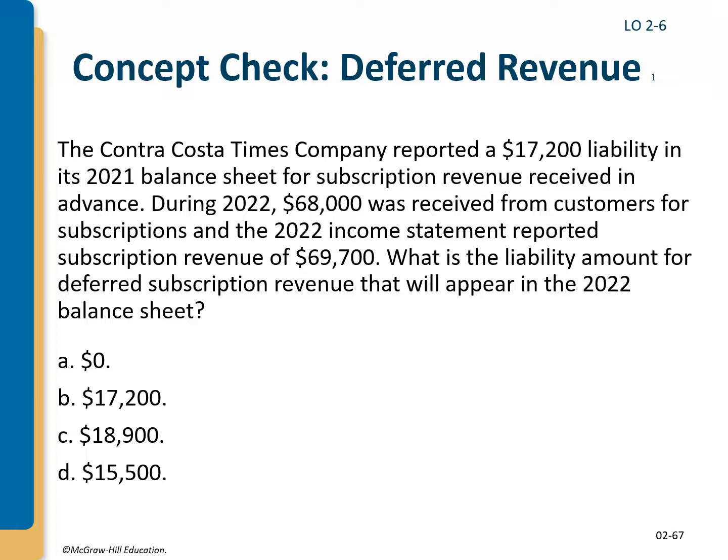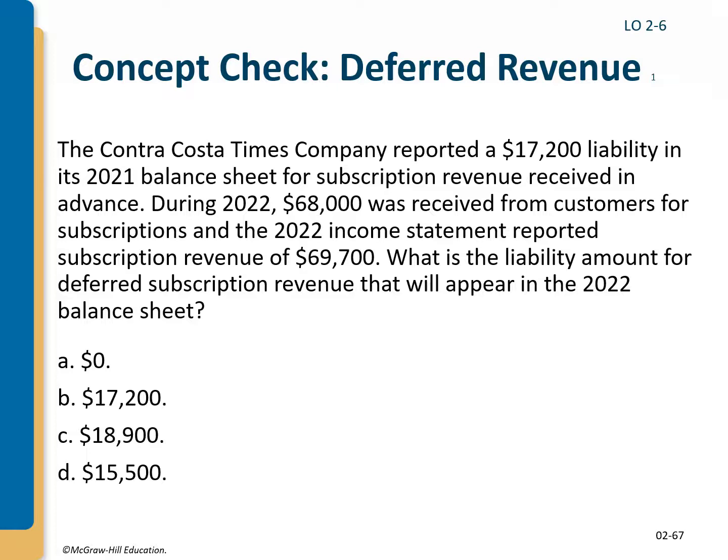What is the liability amount for the deferred subscription revenue? All right. So in our deferred revenue liability account, it would have started with a credit balance of $17,200. It then would have increased by $68,000 during the year for those early payments we received.